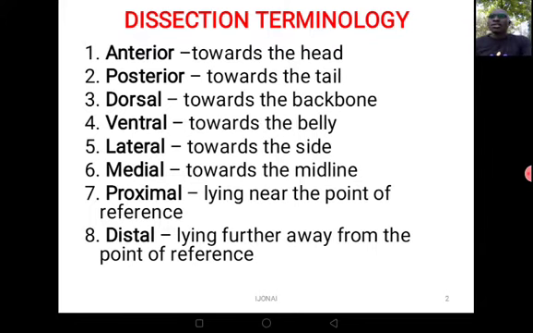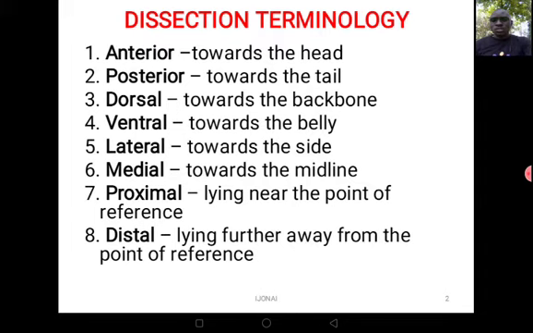So if we say a structure is proximal to the head, it means it is closer to the head, which is the point of reference in that case. If it is proximal to the chest, it simply means that structure is lying closer or towards the chest. So proximal means near the point of reference.